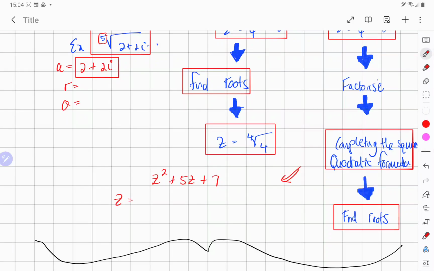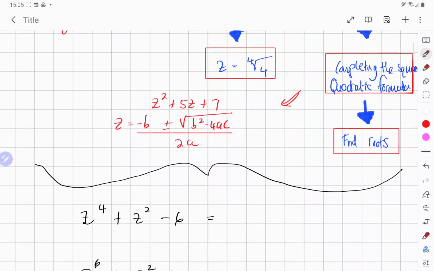So you will do the formula: minus b plus or minus the square root of b squared minus 4ac, over 2a, and we will continue from there.